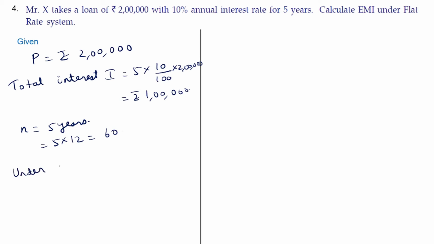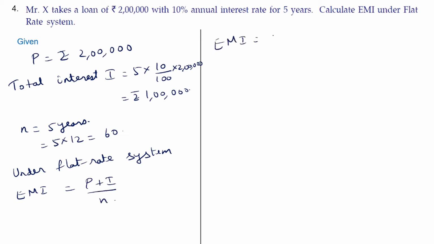Under flat rate system, EMI is equal to P plus I upon N. So we get EMI as 2 lakhs plus 1 lakh upon 60.